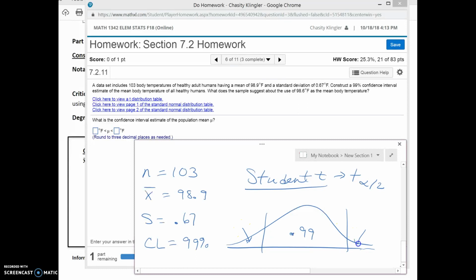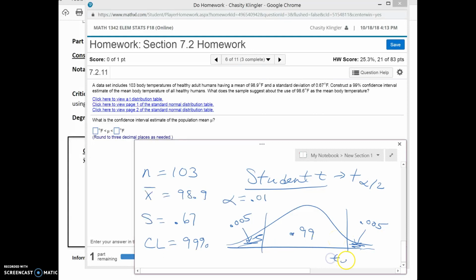So my alpha needs to be split in 2. If that's 0.99, my alpha would be 0.01. When I divide that by 2, I get 0.005 and 0.005. So that's the area in the two tails.